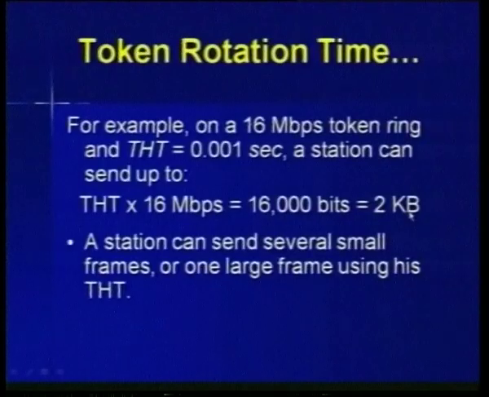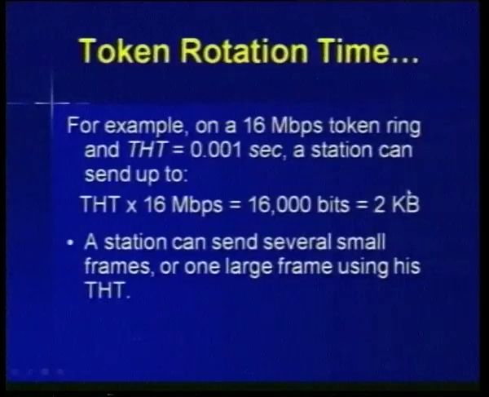Now this 2 kilobytes of data it can send as one large frame or as several small frames. In this case, the 2 kilobytes you may be able to hold in one frame, but if you are looking at a large THT, then it may be possible that you will actually be sending several smaller frames instead of one large frame.